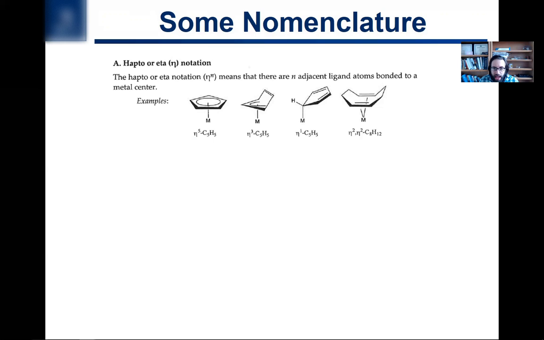It means that there are n adjacent atoms of a ligand bonded to a metal center. The cyclopentadienyl ligand is a great example. The most common bonding form is eta 5. That means you have this delocalized bonding where technically it's 5-coordinate to a metal center. There are molecular orbitals of the cyclopentadienyl ligand that we'll talk about that allow for this bonding to occur. But it's delocalized over these 5 carbon atoms.